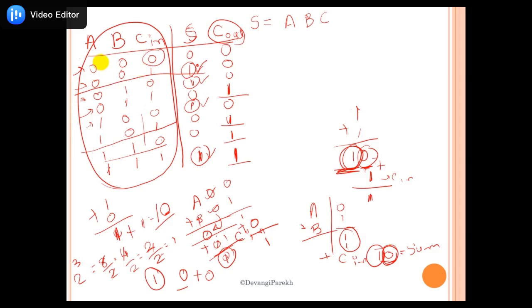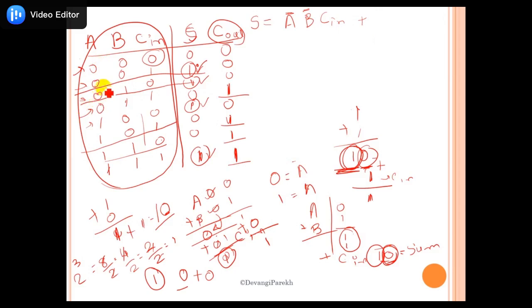So as I said in an earlier video, if we have to represent 0, then we have to write bar, and if we have to represent 1, then we have to use the direct variable. So here A is 0, so we need to write A bar. Here B is also 0, so we write B bar, and C is 1, so C as it is, plus.